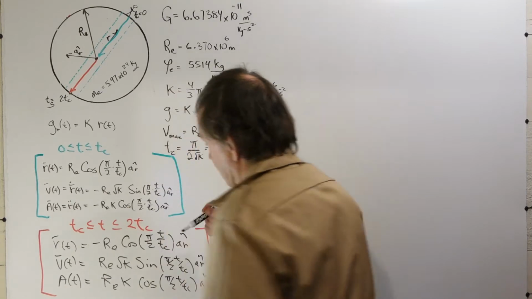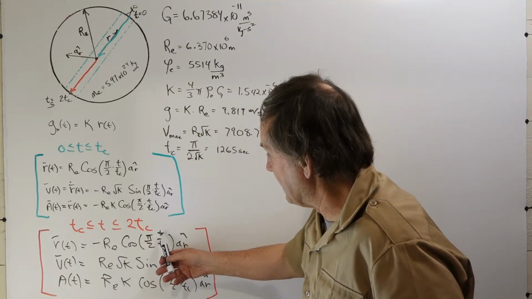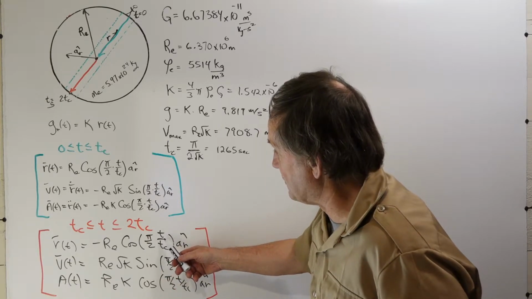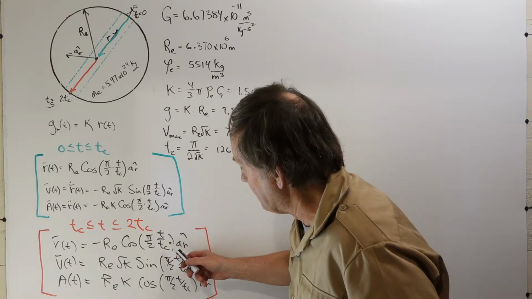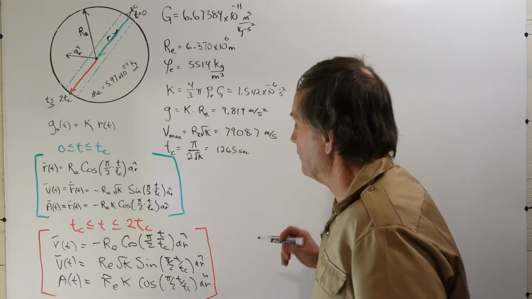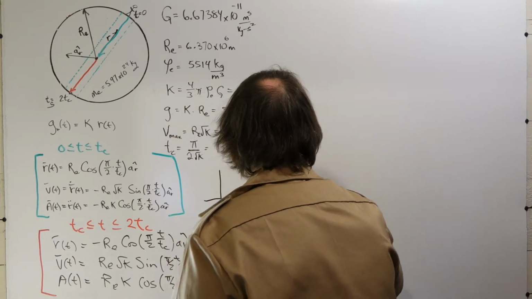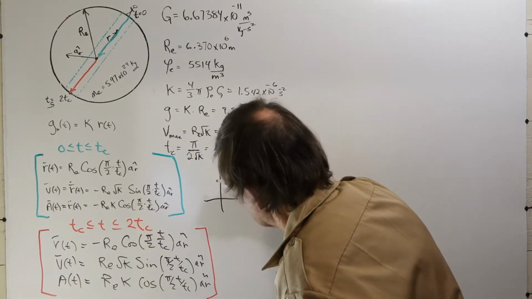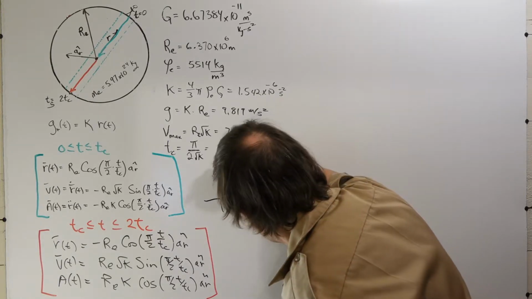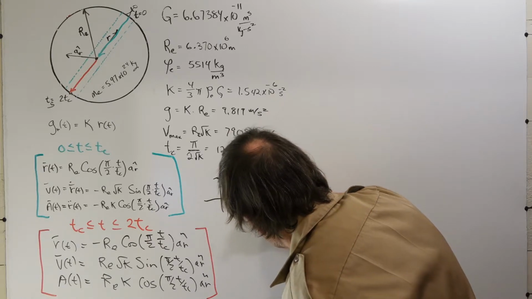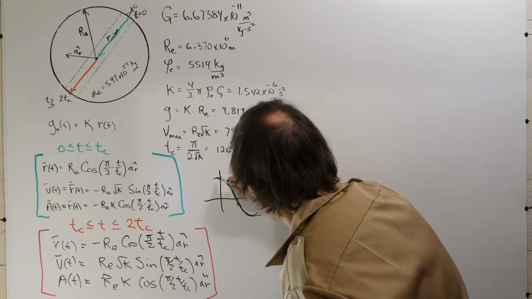If we look closely here, we have the cosine of pi over 2 times t over TC. Well, t is greater than TC, so this is greater than pi over 2. The cosine function, if you remember, goes like this, where it goes through 0 at pi over 2.